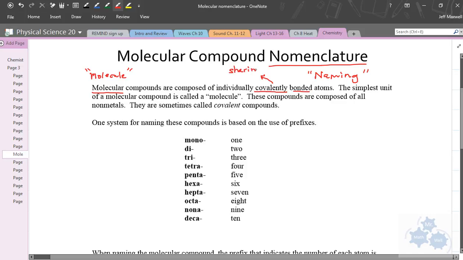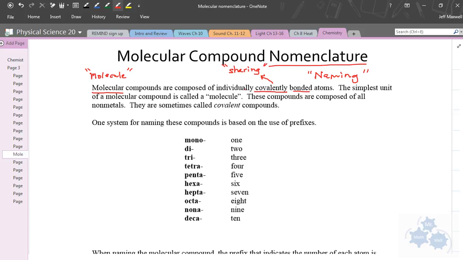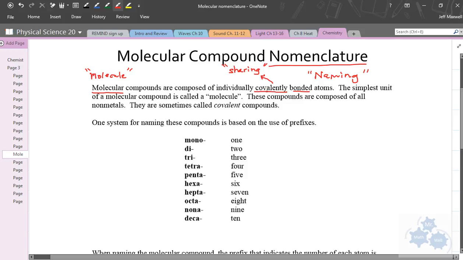So it's not like one really desires electrons and the other really wants to give electrons away, and that's how they form a compound. That's the unequal sharing in ionic. But in covalent, it's more of an equal sharing. So the simplest unit when we're talking about molecular compounds is called a molecule.